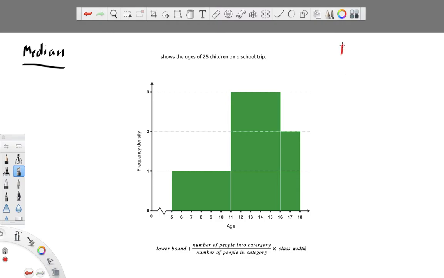So frequency density is equal to frequency divided by class width. Okay, so if we want the frequency, we just rearrange that and we get that frequency is equal to frequency density times class width.